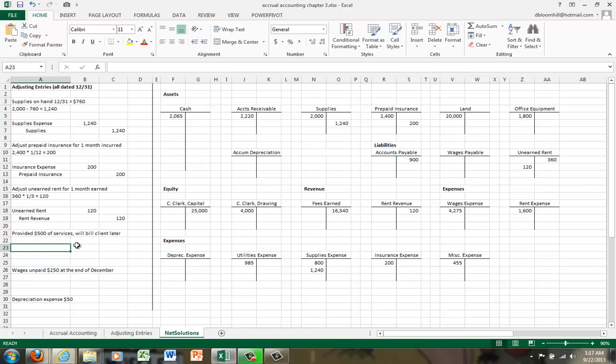So this is the first type of adjusting entry that we have. So all we do is debit accounts receivable for the $500, and we're going to credit fees earned because this was a contract for services.